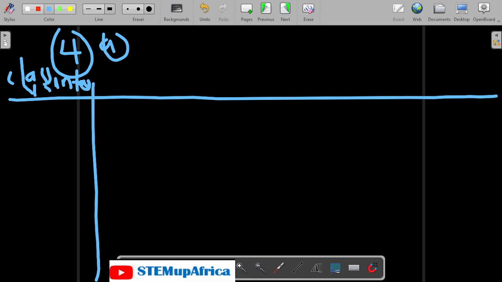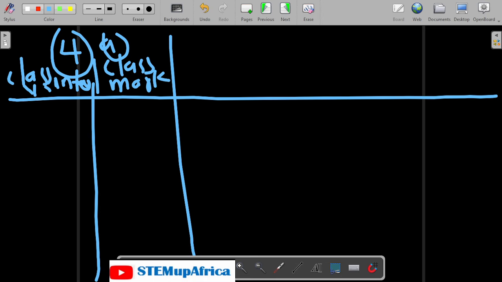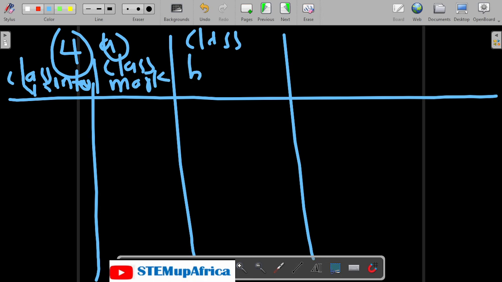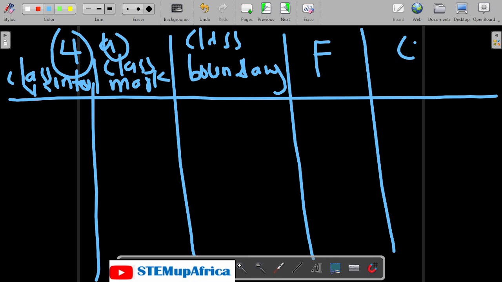Here is my class mark. Here is class boundary. Here is frequency. Here's my cumulative frequency.